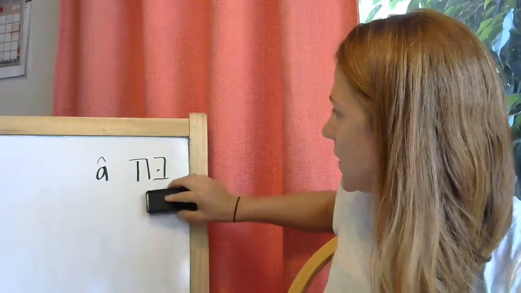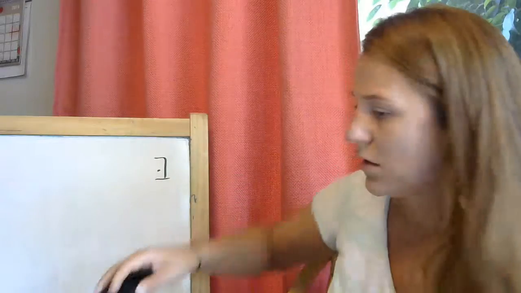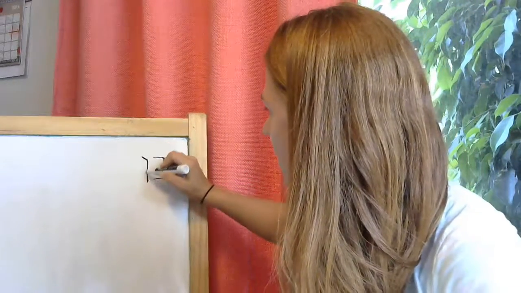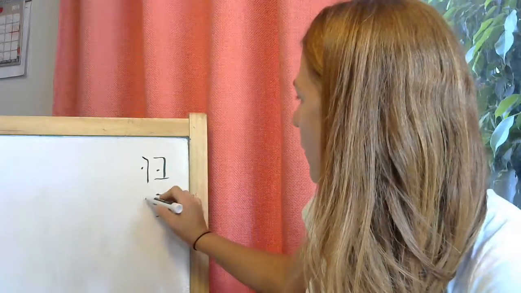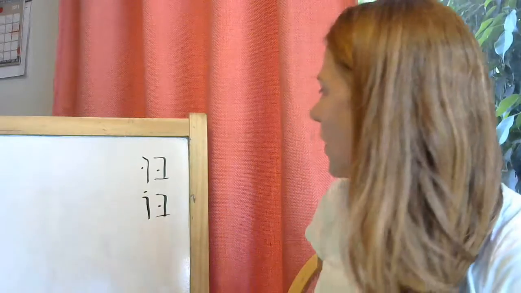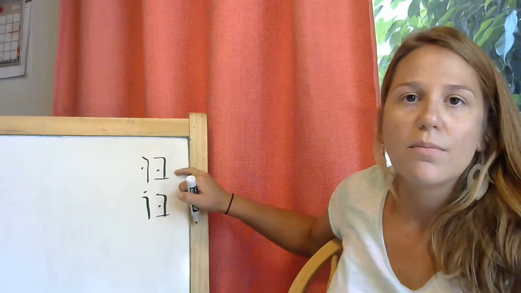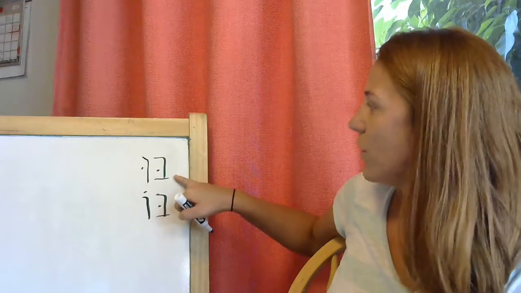And lastly, let's look at the Vav as a mater. The Vav as a mater is always going to be a U-class vowel. This is the only Matres Lectionis vowel that has its own name.